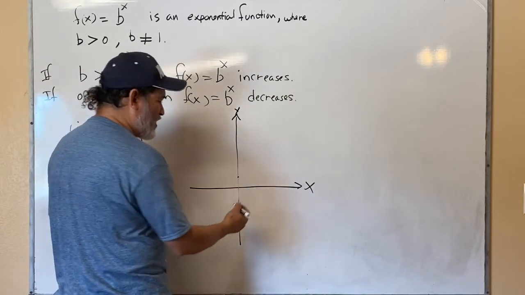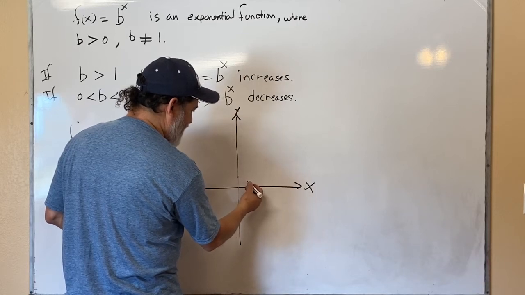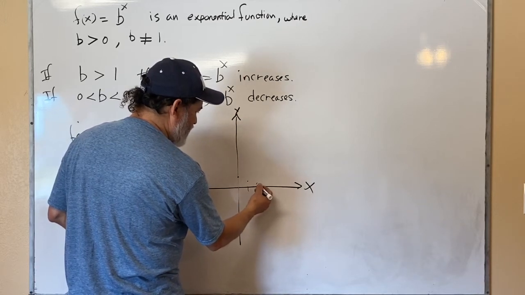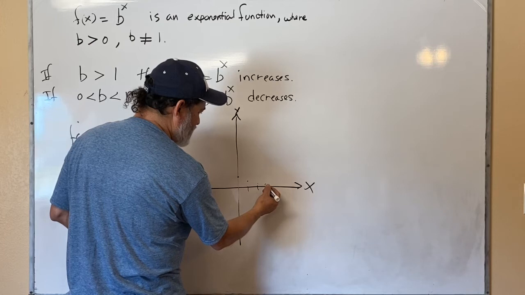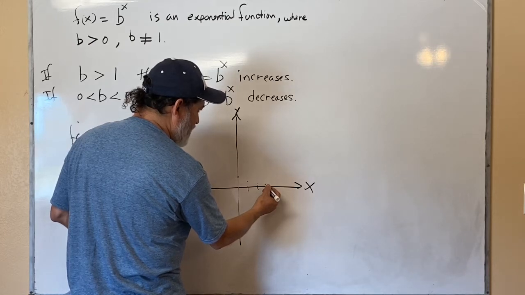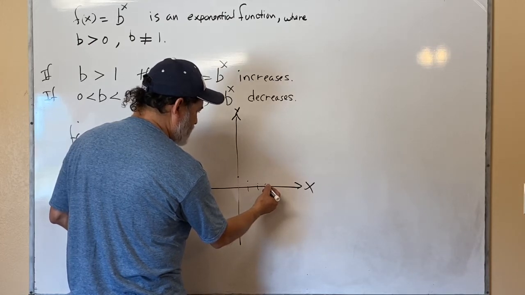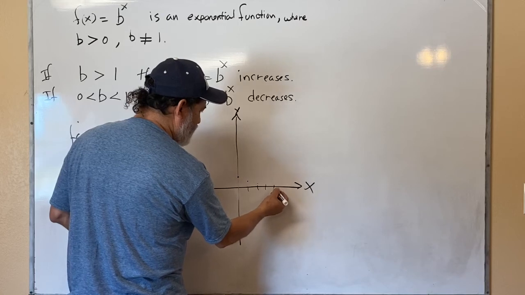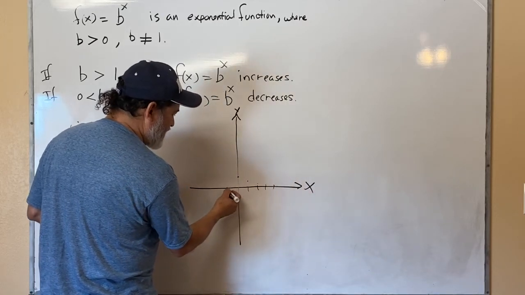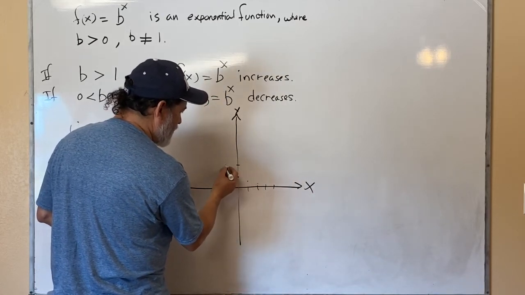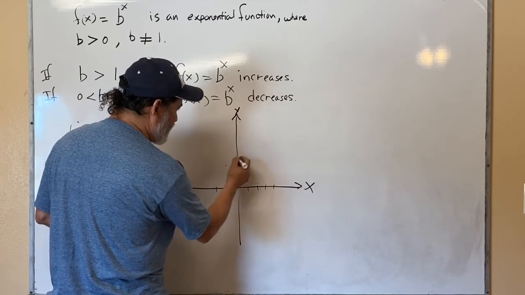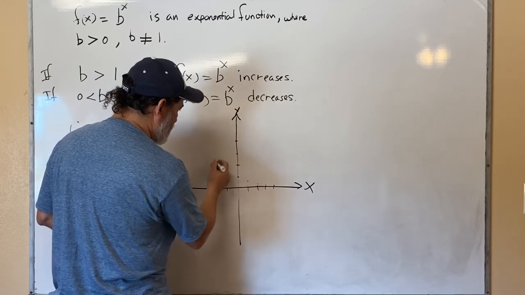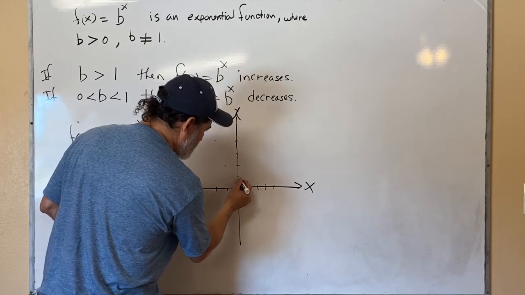X is 0, we get 1. X is 1, we get half. X is 2, we get 1/4. X is 3, we get 1/8. X is 4, we get 1/16. X is -1, we get 2. X is -2, we get 4. And so it looks like this.